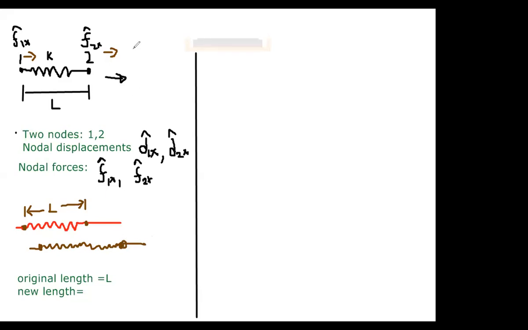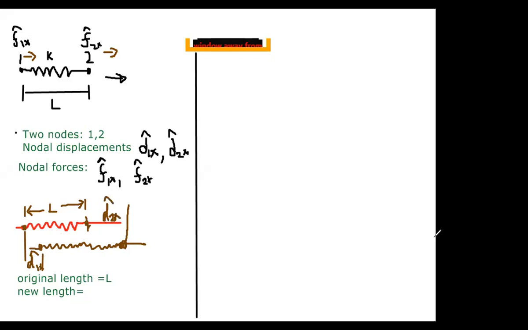The distance from here up to here, let's call d1x hat, and the distance between this point and that point, let's call d2x hat.